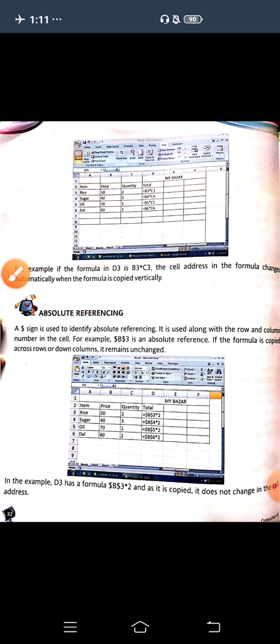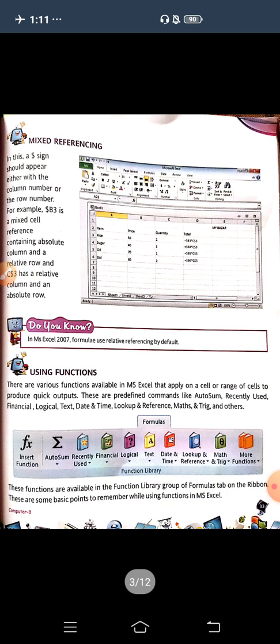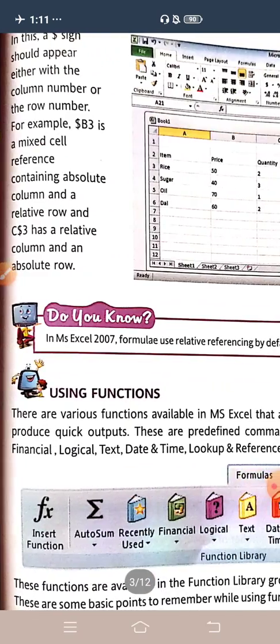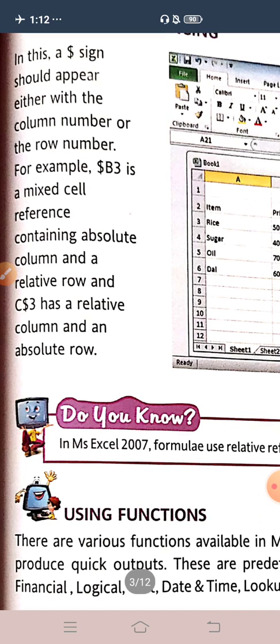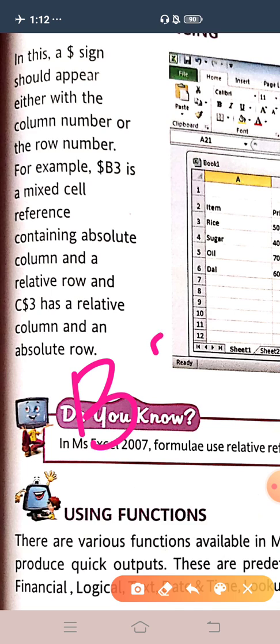Then let us move on to the next referencing, that is mixed referencing. In mixed referencing we also use the dollar sign, but we use it with only one part, either with the row or with the column. We will use it only once, whether with the row or with the column. Like, this is an example of relative referencing.